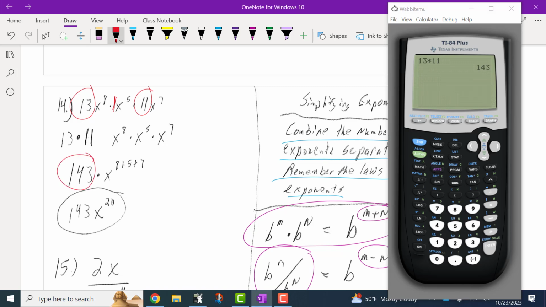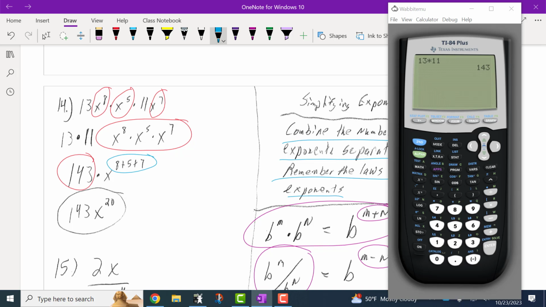Okay, now I'm going to take a look at my variables. I've got x to the 8th, I've got x to the 5th, I've got x to the 7th. So writing those out separately, I've got x to the 8th times x to the 5th times x to the 7th. So remember, our rule says you're going to add all those numbers together. Because remember what exponents actually represent when I'm using them with my variables.